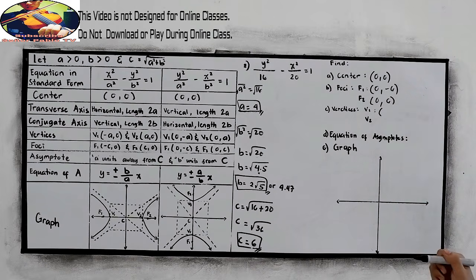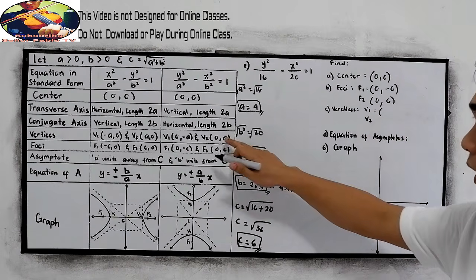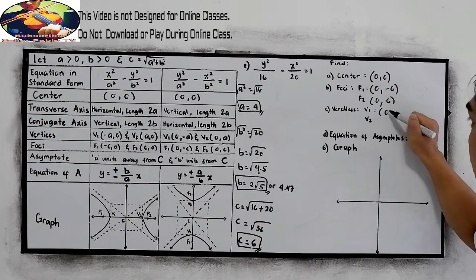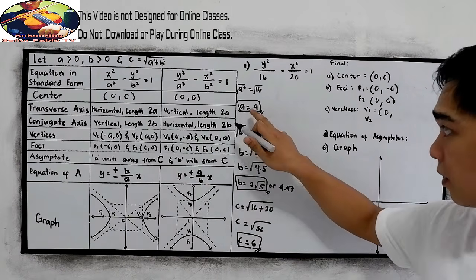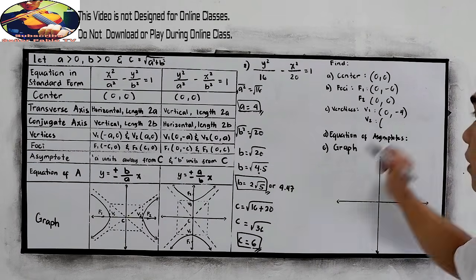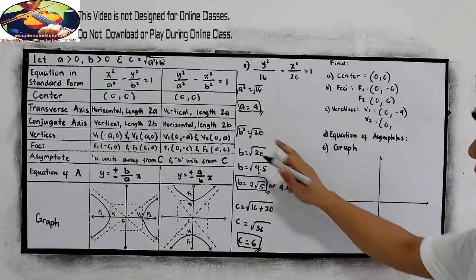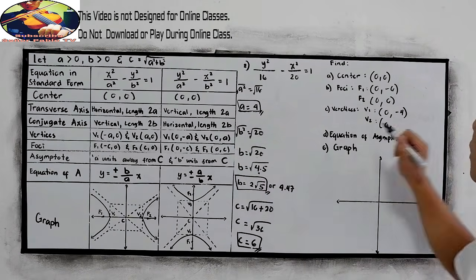Next, for v sub 1, we have 0, then negative a, our a is 4, then v sub 2, 0, then positive a, positive 4.